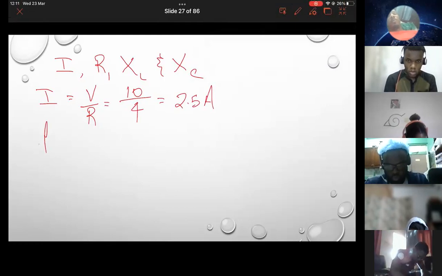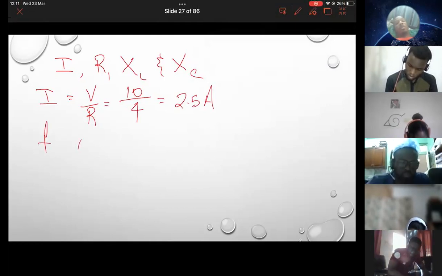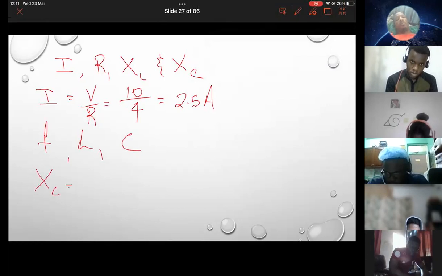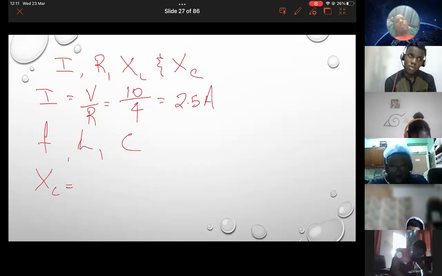So you have F, you now have L, whatever L was, you have C. Now, when I find XC, how would I find the voltage across the capacitor? Once I have found XC, what would VC be equal to? Give me the formula for that.